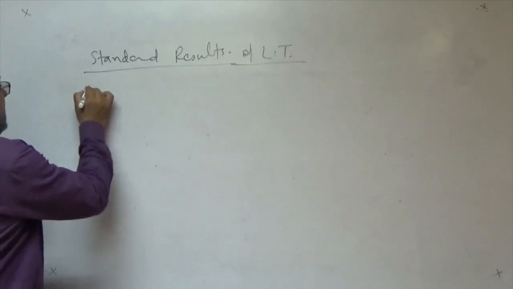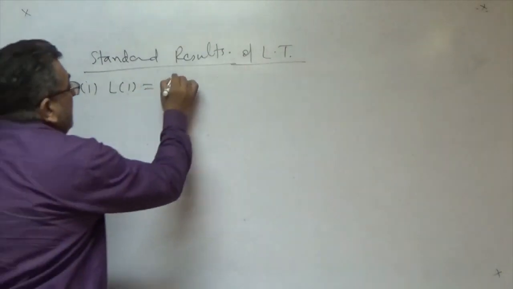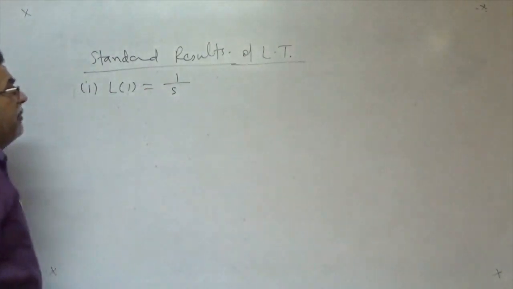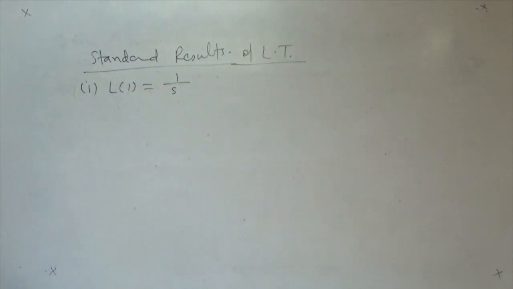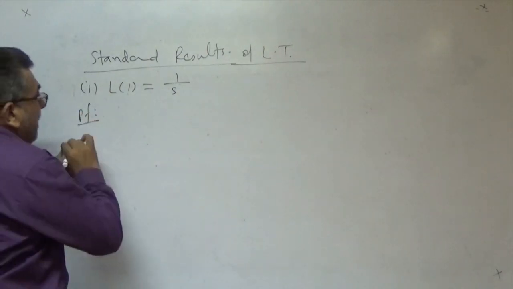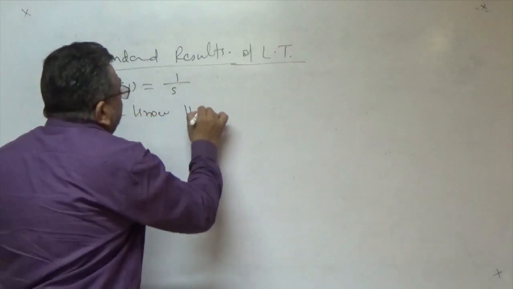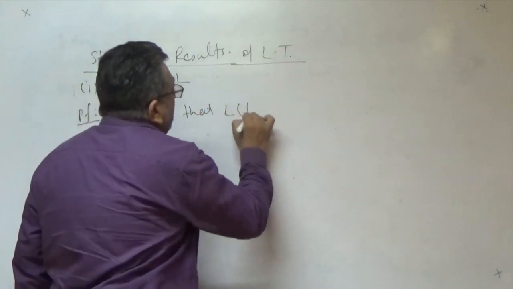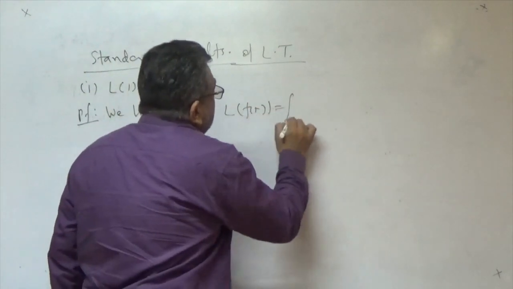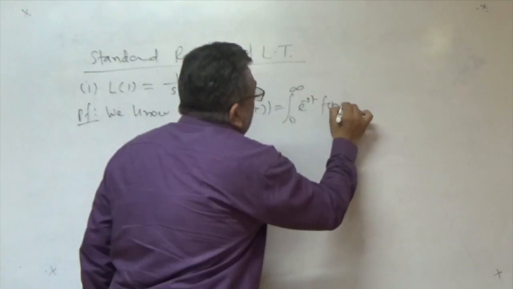If we take first the Laplace transform of 1, we see that it is 1 upon s. You can easily verify this. By first principle, we know that the Laplace transform of f(t) is the integral from 0 to infinity of e to the power minus st f(t) dt.